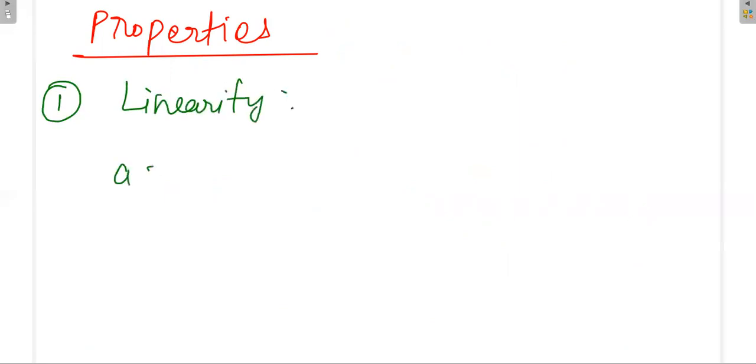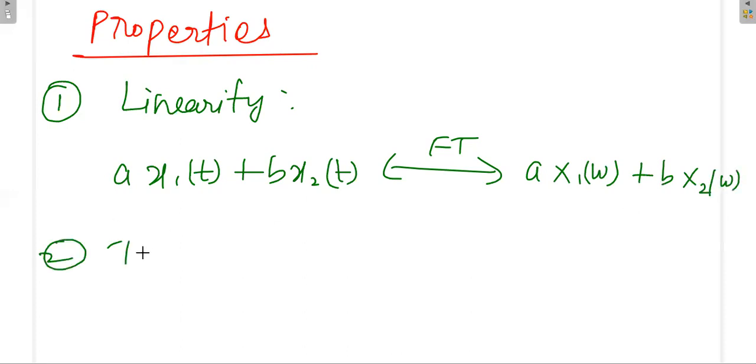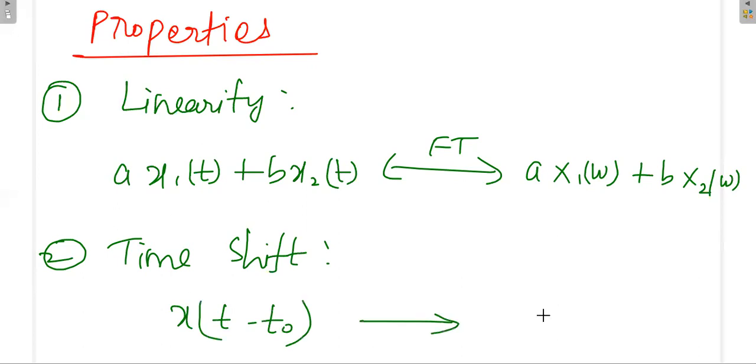What do you mean by linearity? a x1 of t plus b x2 of t Fourier transform pair is a X1 of omega plus b X2 of omega. Next, time shifting property: x of t minus t naught Fourier transform pair is e power minus j omega t naught X of omega.